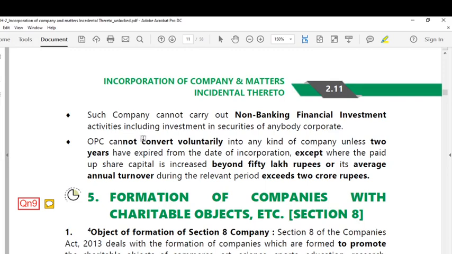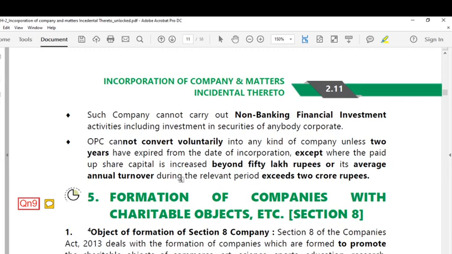And at the same time, in this other point, it is saying OPC cannot carry out non-banking financial investment activities. You know, to not carry out the non-banking financial investment activities, it should not invest in securities of any body corporate. So that is the 11th special provision which was provided for a one person company.